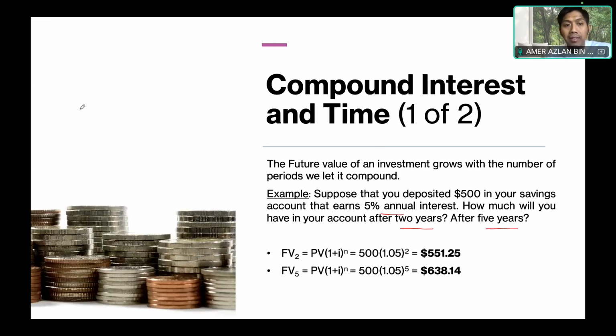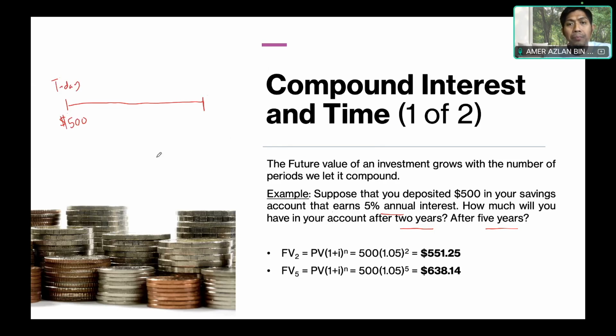To better understand this question, it is best to start by drawing a timeline here. So today you deposit $500. Let's say you get $500 from your family members, or a Christmas present, or ang pao, or a bonus from your company.